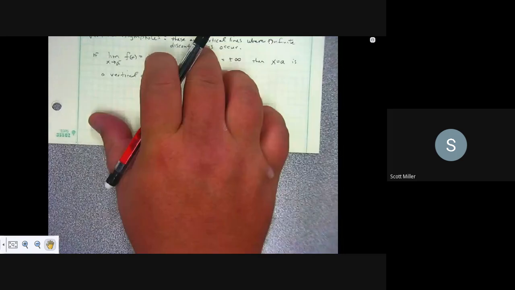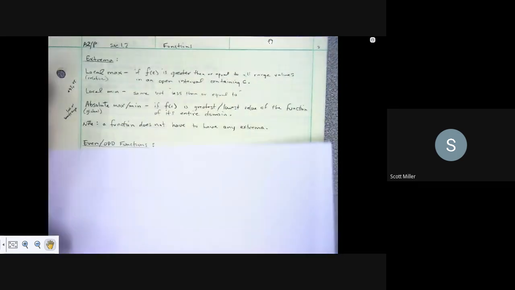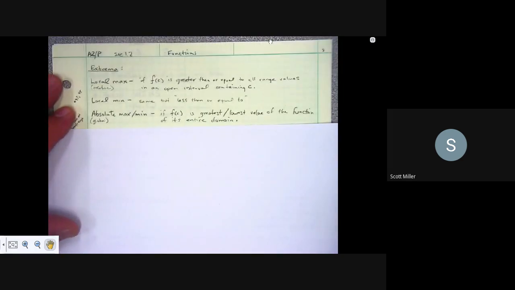The next one I want to talk about helps us and leads us towards the domain, to the range again. And that is this thing called extremas. Extrema just means the plural for extreme value. Okay? We have several types of definitions. The first one is the local extrema. Local extrema refers to a local minimum and a local maximum.